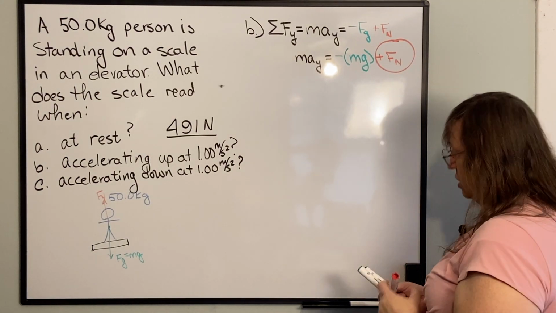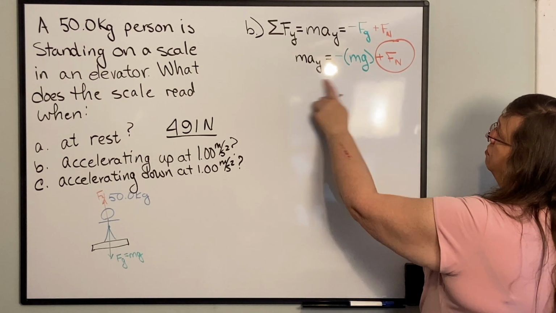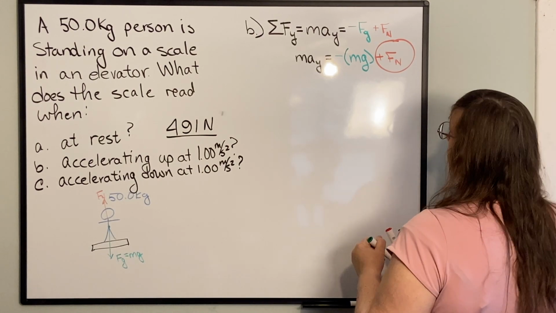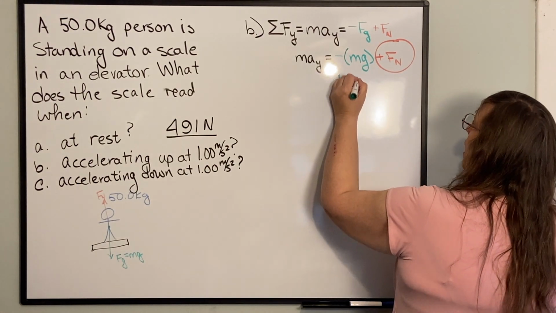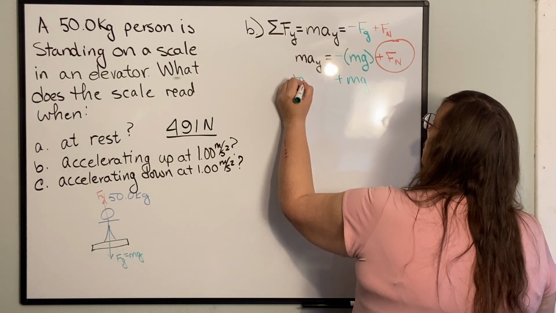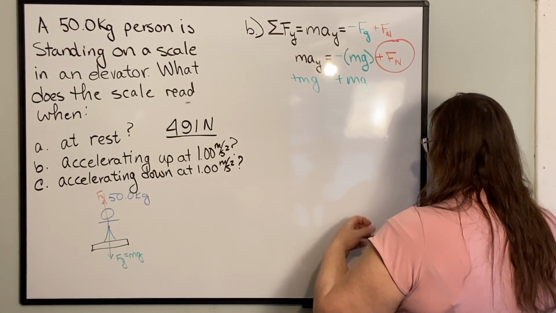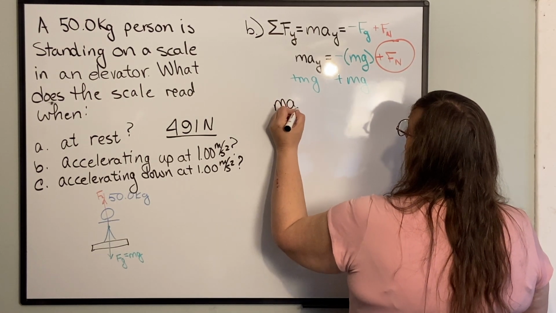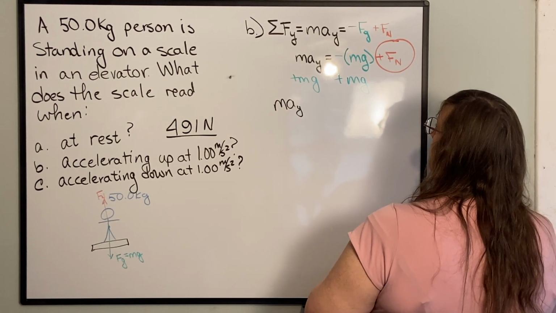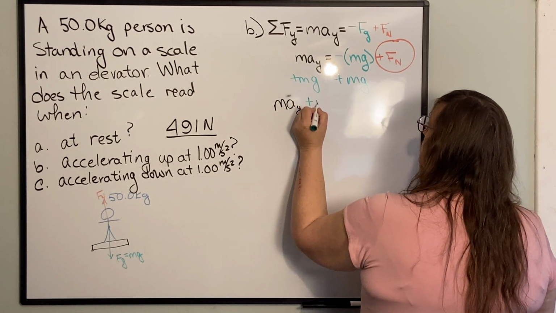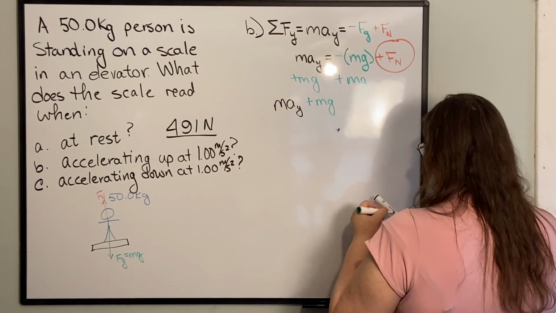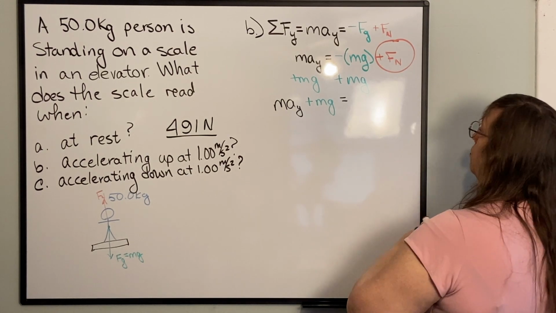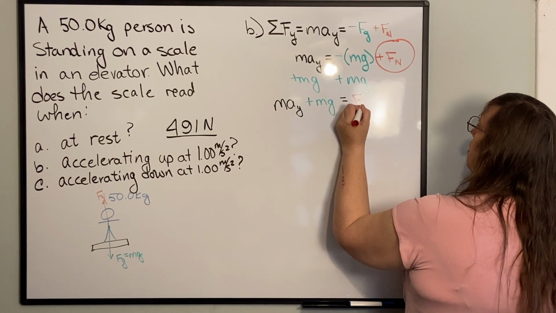All right. So to find Fn, I'm going to get rid of this on this side. We're going to move it over. And to do that, of course, we have to add mg to both sides. So now I've got m a_y plus mg equals Fn.